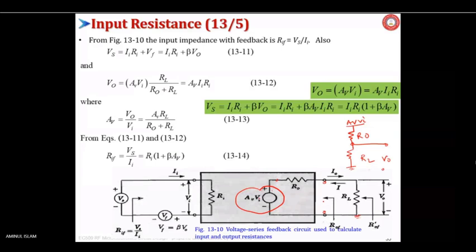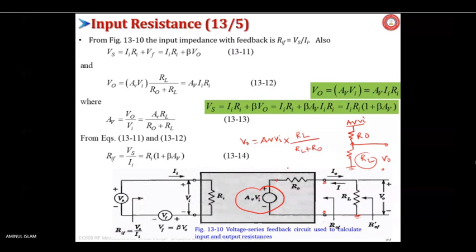Yes or no? Yes. So VO will be equal to this voltage, AV VI, into this resistance RL divided by RL plus RO. It is a voltage divider, simple. If you look at it in this way.